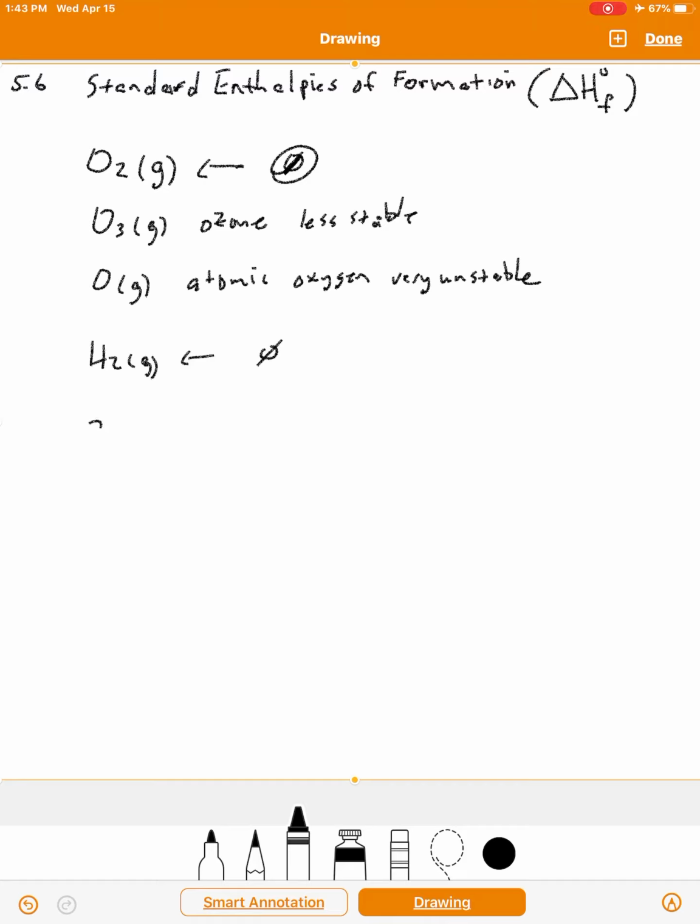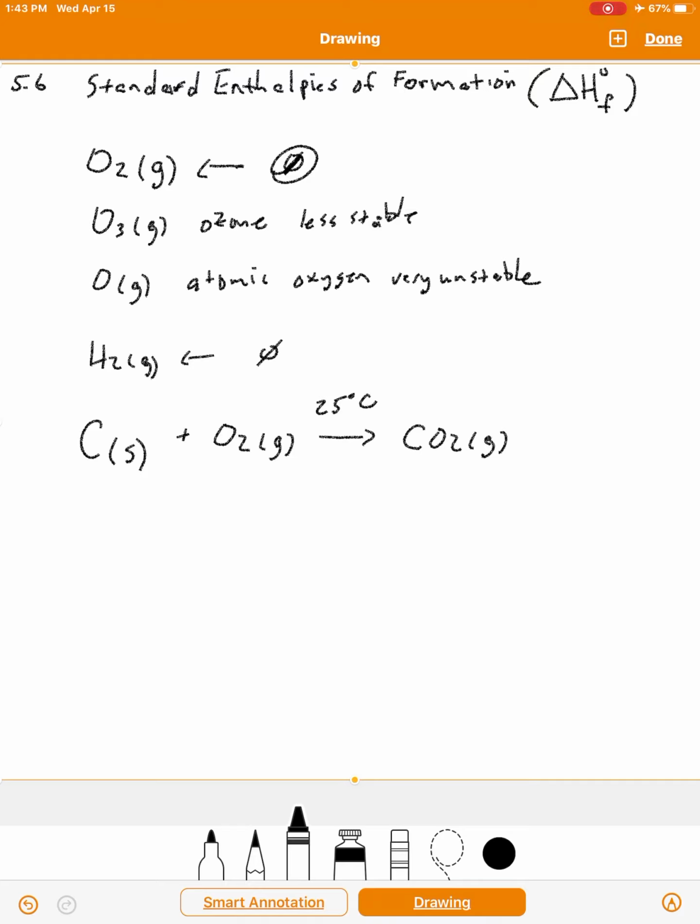Imagine that we're going to make a mole of carbon dioxide from the elements that comprise it. So we're going to take carbon, and we're going to take oxygen, and we're going to form carbon dioxide. And we're going to do this at 25 degrees C, okay?